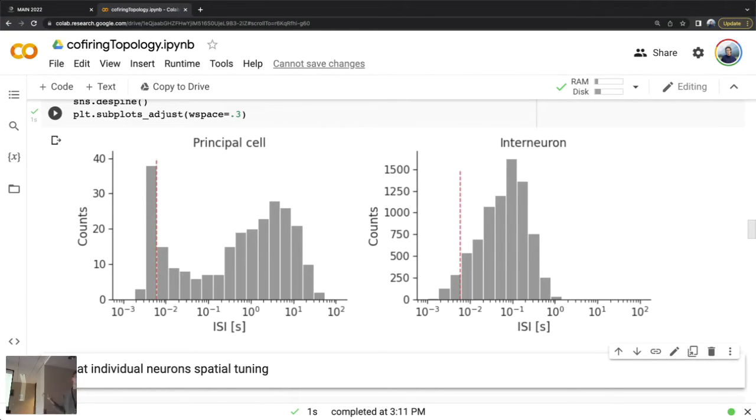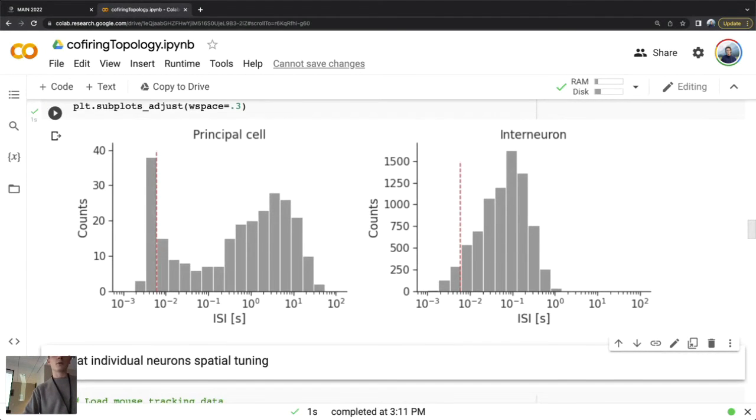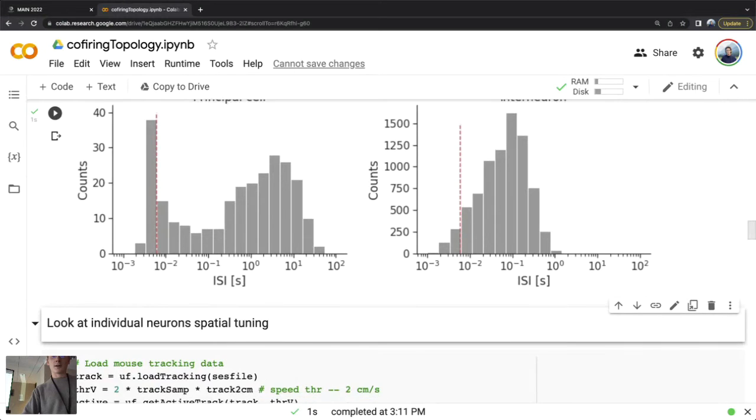At least we can't really identify different states in which they are, because they are always orchestrating the activity of all the principal cells. And to follow the very fast rhythms, they are making the rhythms themselves by being so active.